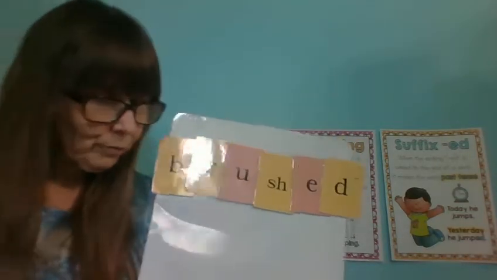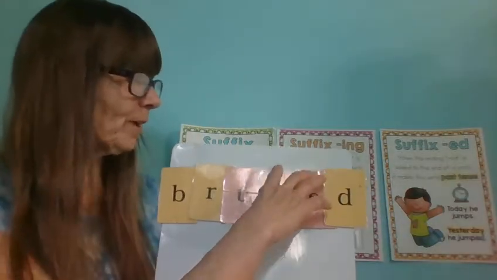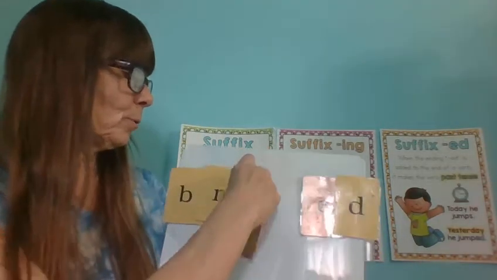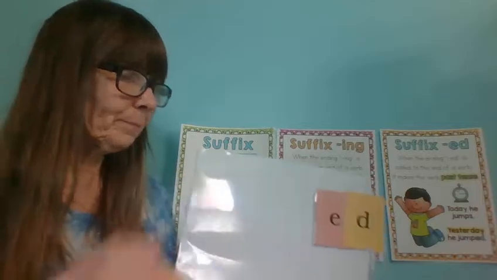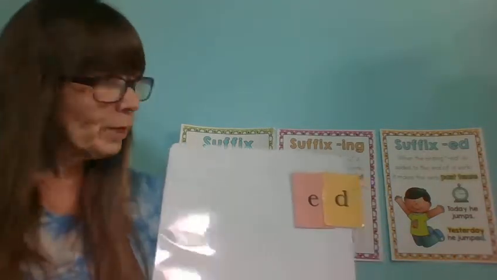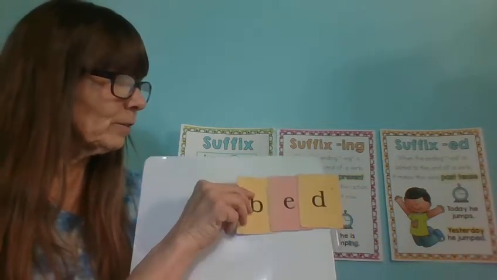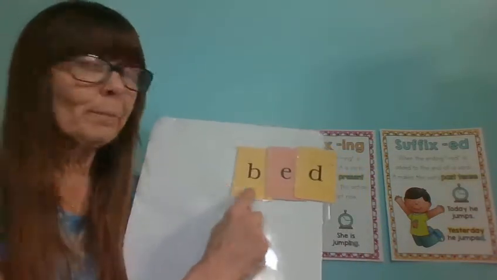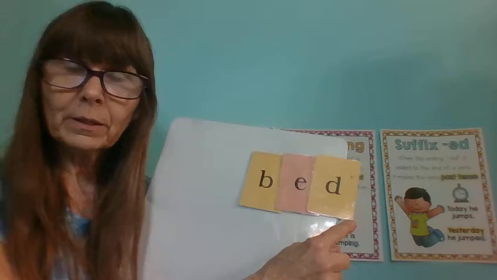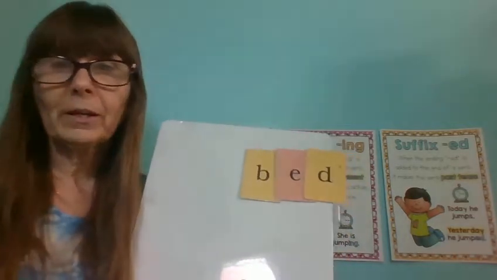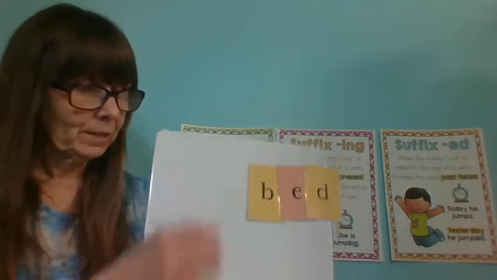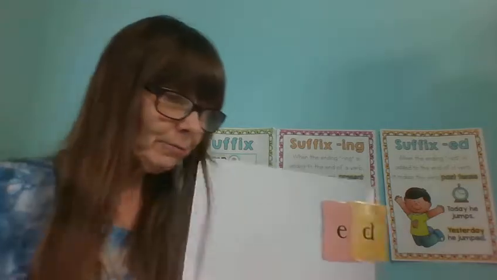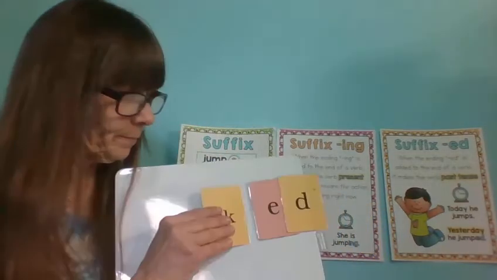So let's go through a few types of endings that we could put before this, okay? For example, what if we add ed to the end of a word that ends with b, like rub, rubbed? The ed is going to sound like d. Okay? What about after a ck?